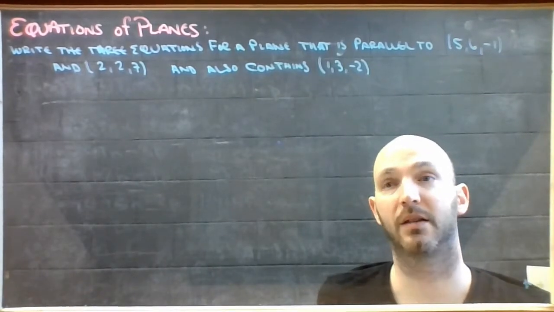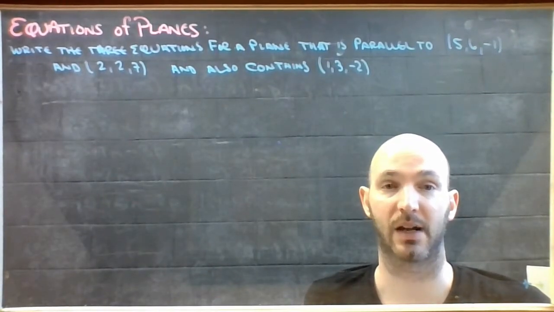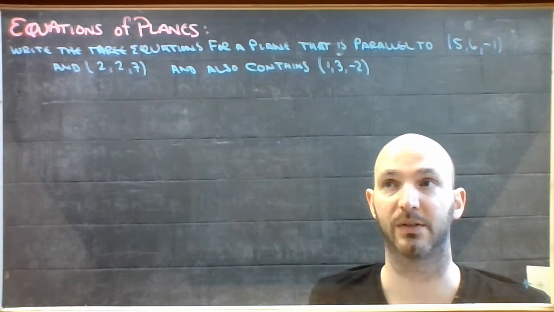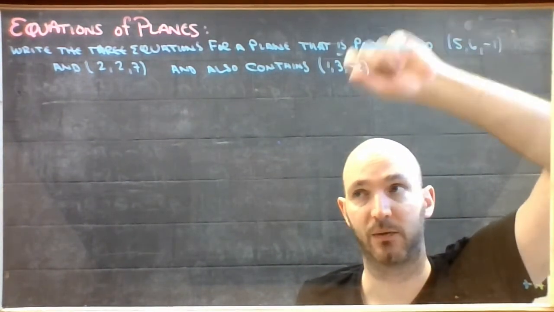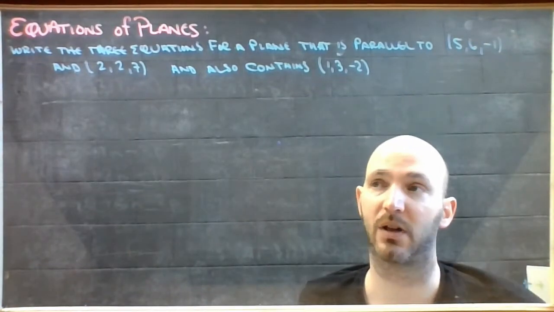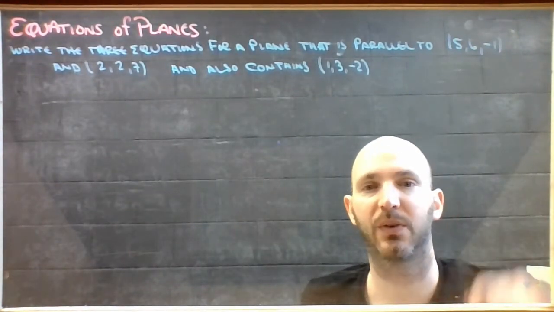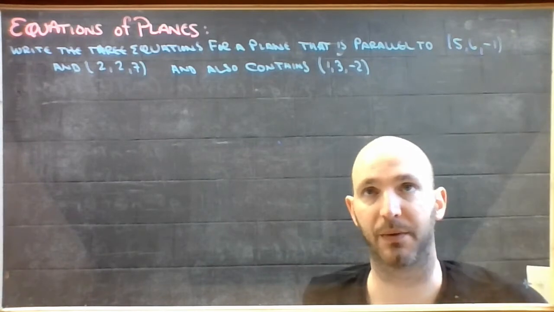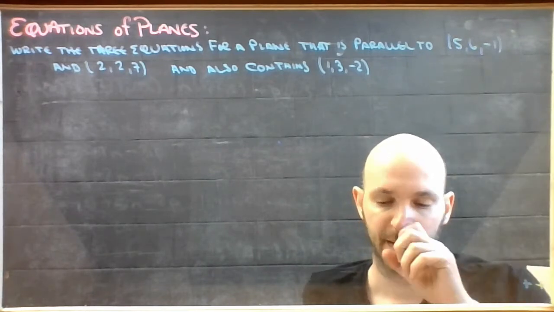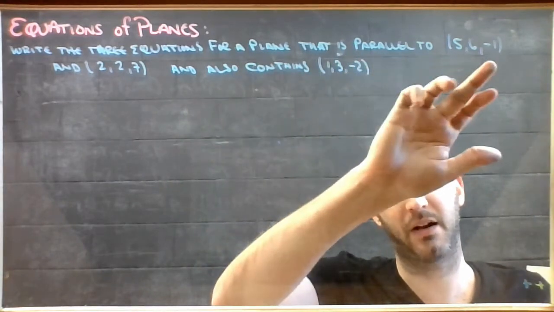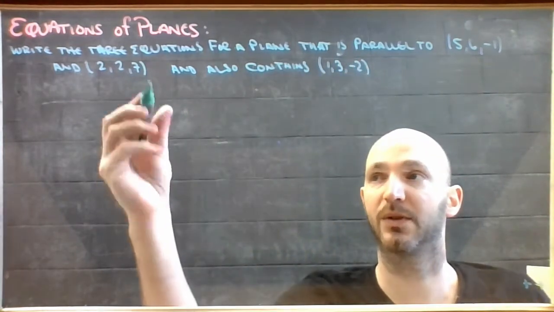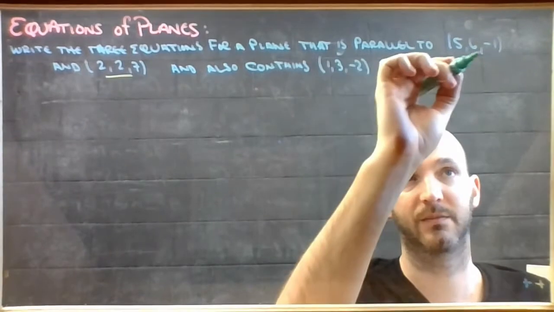So I'm going to write all three equations, the vector, the parametric, and the Cartesian equation, for a plane that is parallel to this vector, 5, 6, -1, and this vector, 2, 2, 7, but also contains this point, 1, 3, -2. So just reading this in context, because the plane is parallel to this and this, those are going to be my direction vectors.